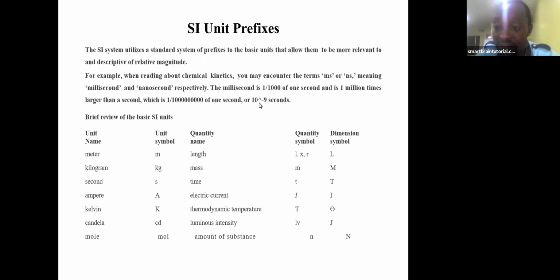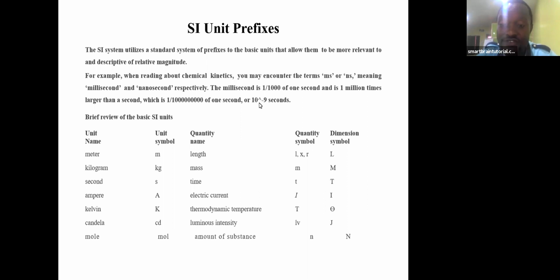For example, when reading about chemical kinetics, which is an aspect of chemistry that has to do with chemical reactions and the pathways in which the reaction takes place, you may encounter the terms milliseconds, which are a fraction of a second, or nanoseconds. Meaning, if you see ms or ns, it means milliseconds for ms and nanoseconds for ns, respectively.